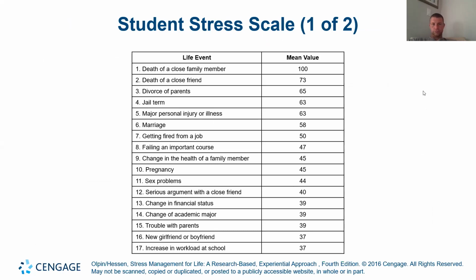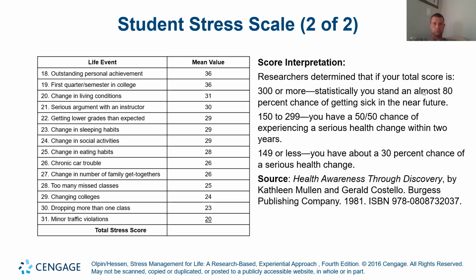This one, again, major personal injury, illness, marriage, getting fired from a job, failing an important course, pregnancy, sex problems, serious arguments, change in health of family member, change in financial status, academic major, trouble with parents, new girlfriend, boyfriend, increased workload at school, sustaining personal achievements.